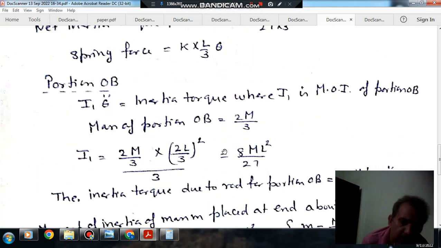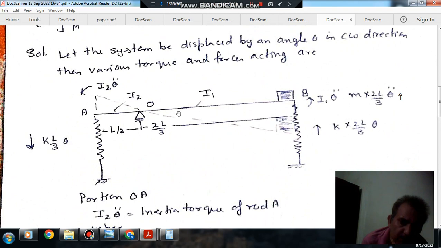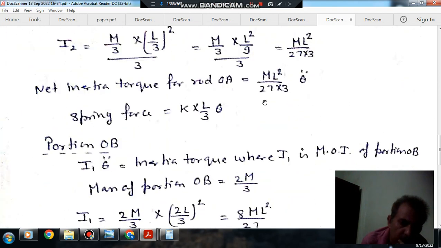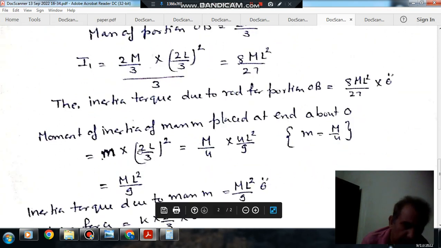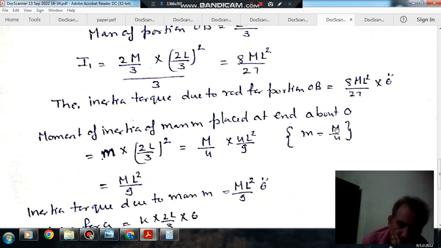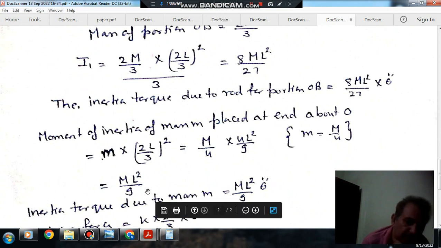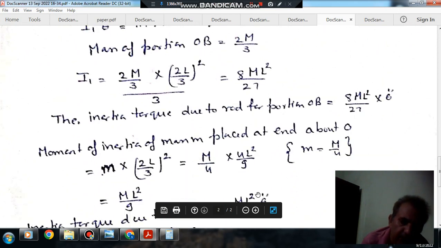So this is force multiplied by distance, this is one way. The other way is to find out the moment of inertia of this mass about point O. The moment of inertia of this mass about point O is m into 2L by 3 square. So m is capital M by 4, so it will be ml square by 9, multiplied by theta double dot. So that is one way, the other way is to consider force multiplied by distance.